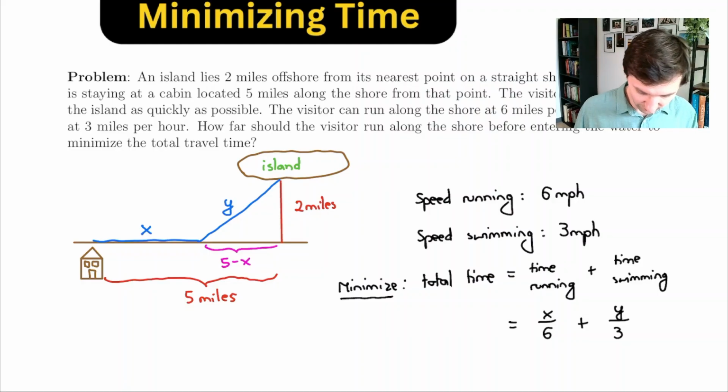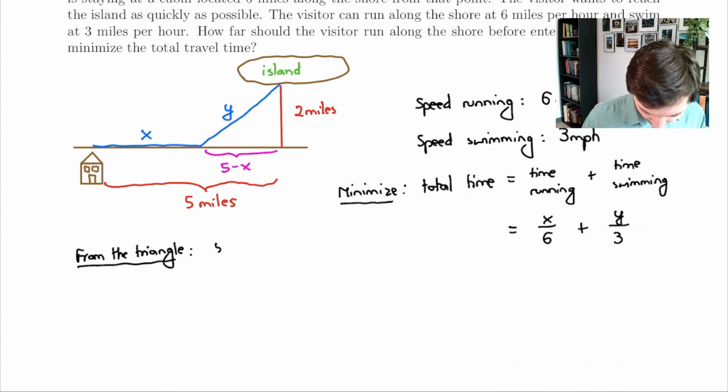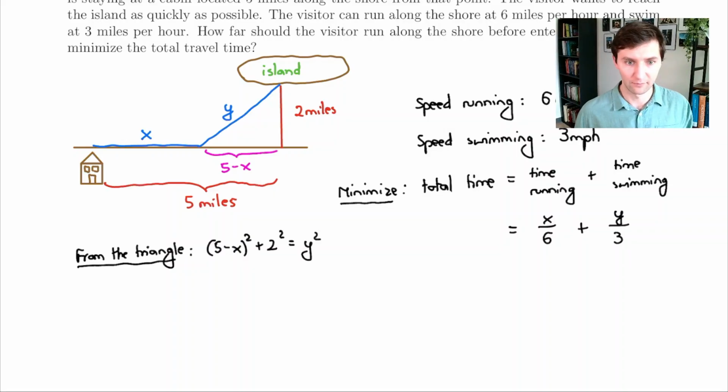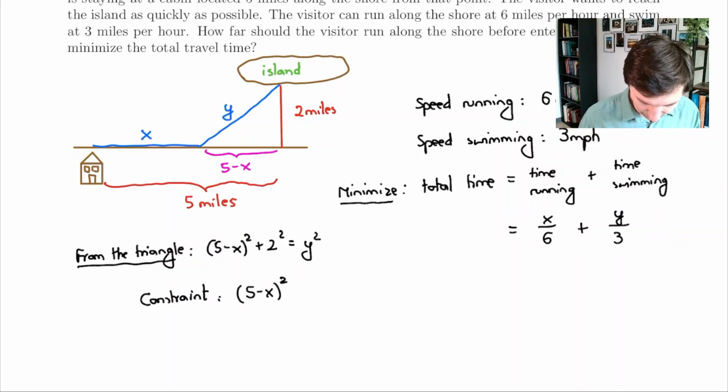From the triangle, we see that (5 minus x) squared plus 2 squared equals y squared. This is our constraint. (5 minus x) squared plus 4 is y squared.